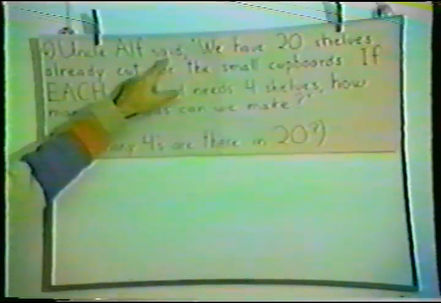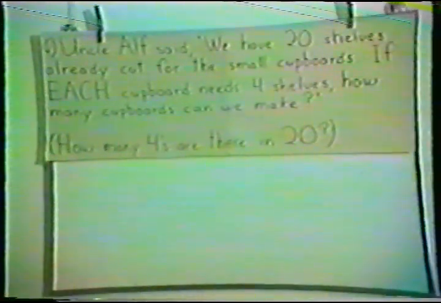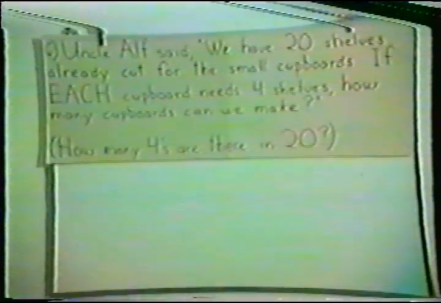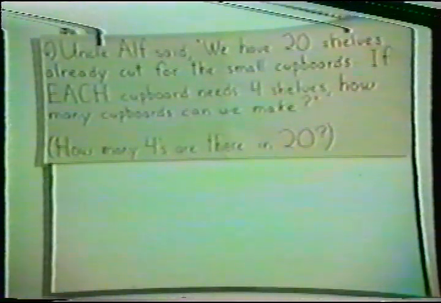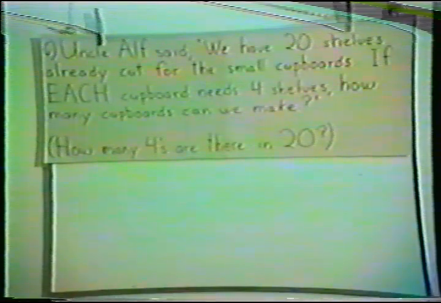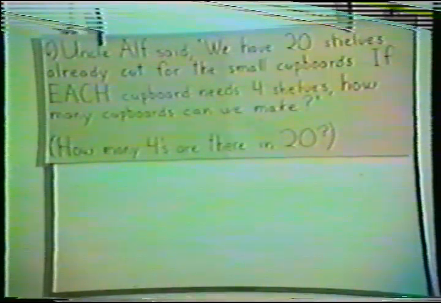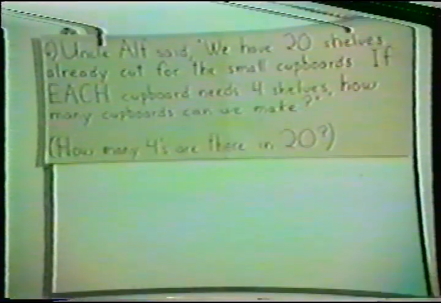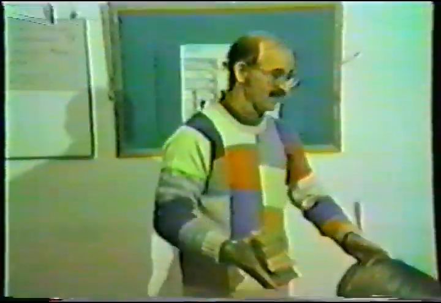Uncle Alf said, "We have 20 shelves already cut for the small cupboards. If each cupboard needs 4 shelves, how many cupboards can we make?" Well, let's see if we can find 20 shelves. We have 20 shelves already cut.